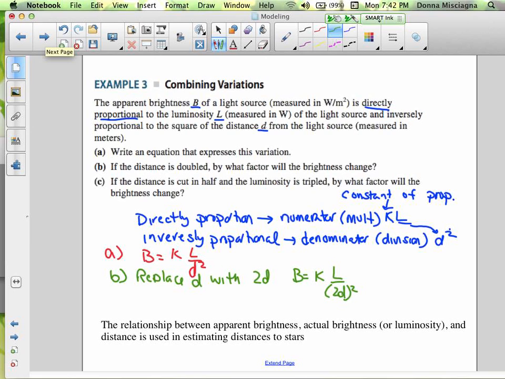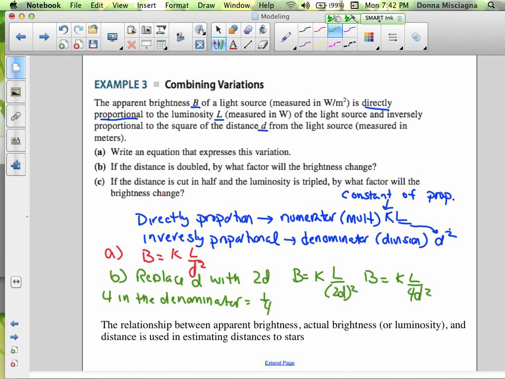So now B equals K times L divided by 4D squared, because we have to square the 2 as well. Notice we now have 4 in the denominator, which is 1/4.